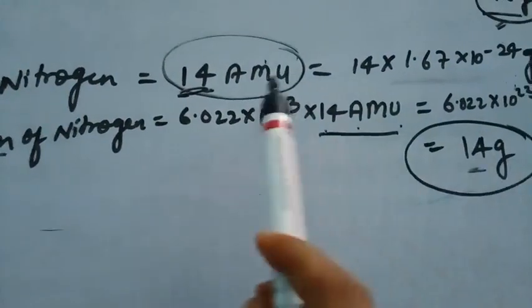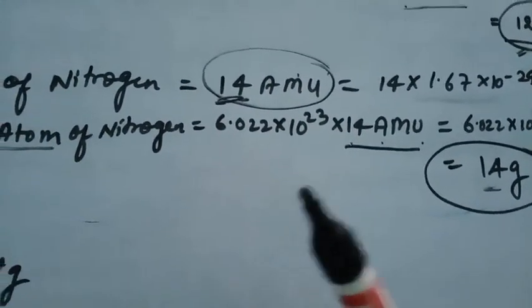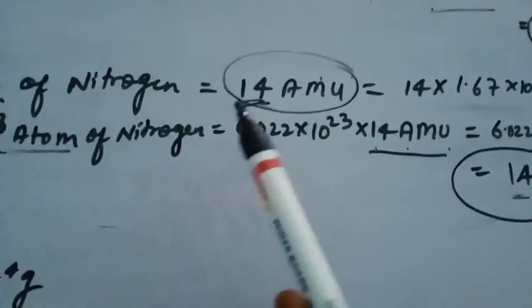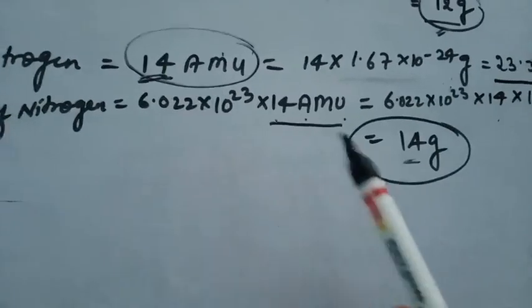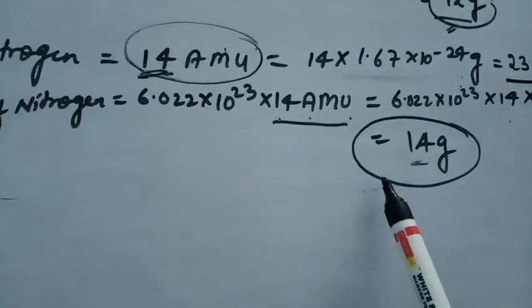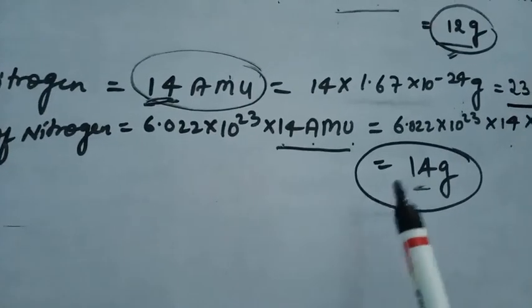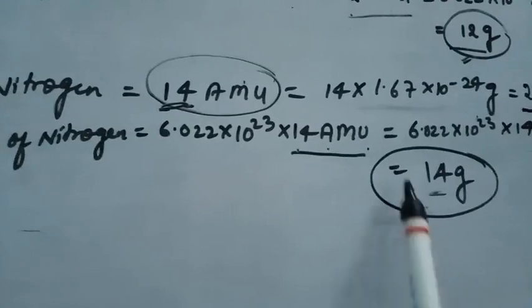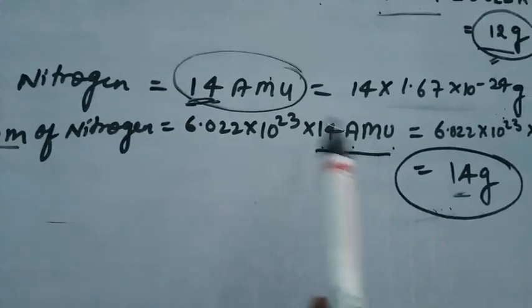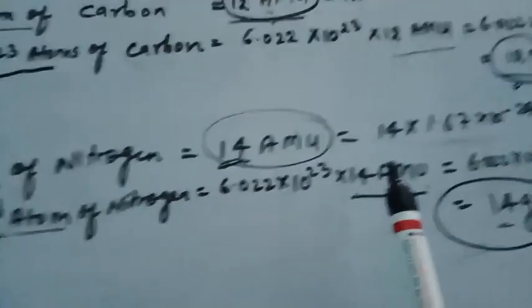The units are different. Obviously there will be a very large difference, because here we have calculated the mass of 1 atom of nitrogen, and here we have calculated the mass of 1 mole of nitrogen, that is, the mass of 6.022 into 10 to the power 23 atoms of nitrogen. But you can see the numerical values are the same. So it's a trick.